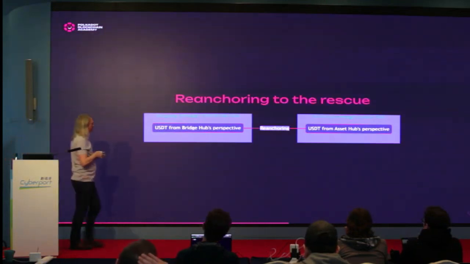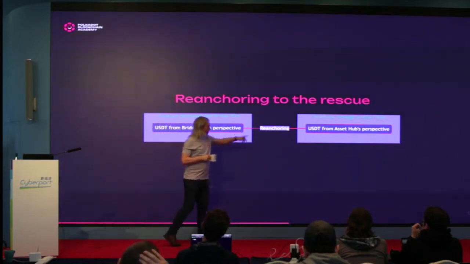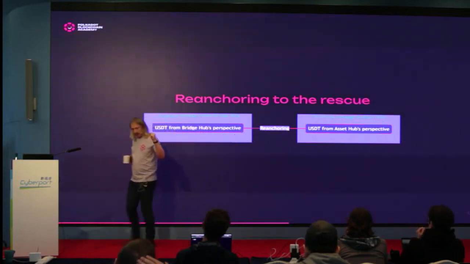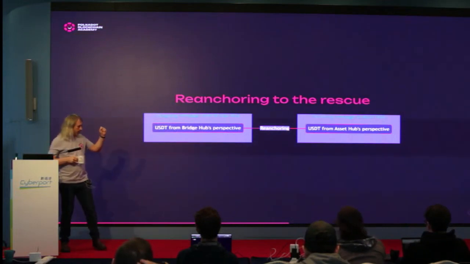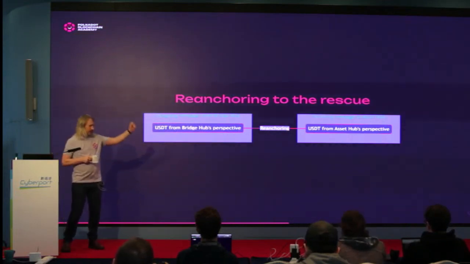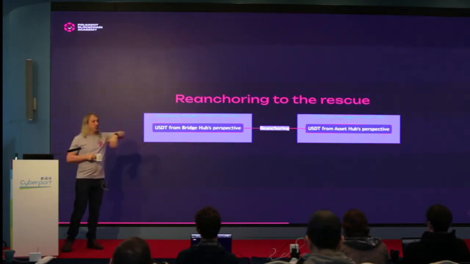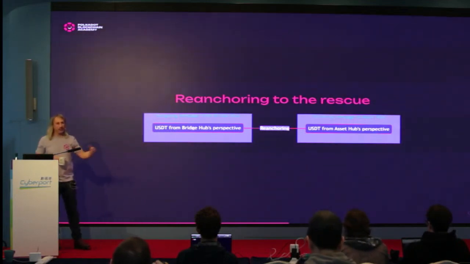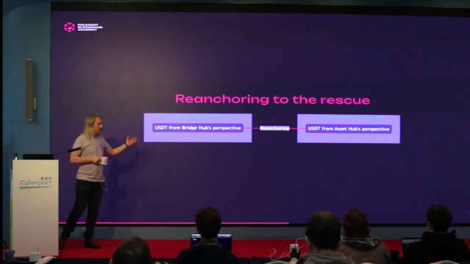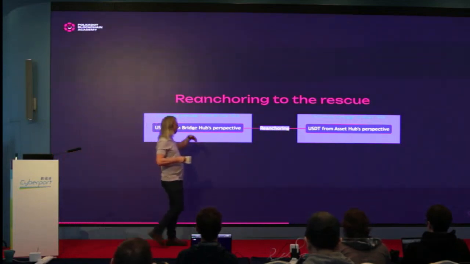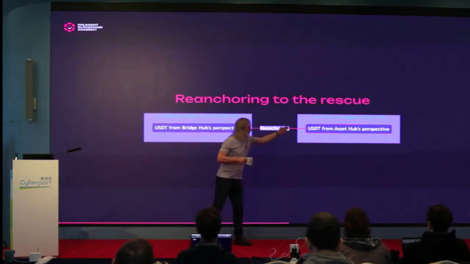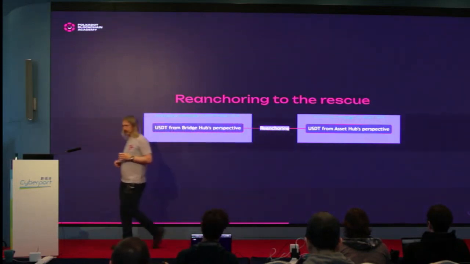Which means we go through this step called re-anchoring. Re-anchoring basically says, well, the message is written from the point of view of this location, but it's being sent to this location. Therefore, please re-anchor or translate all of the locations in the message so that it's referring to the same thing, but just from this new position.